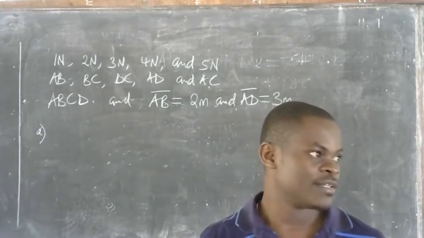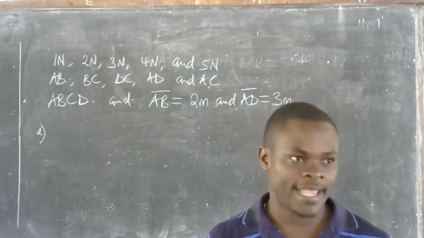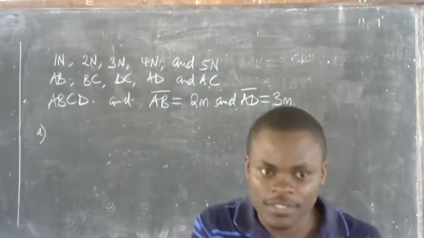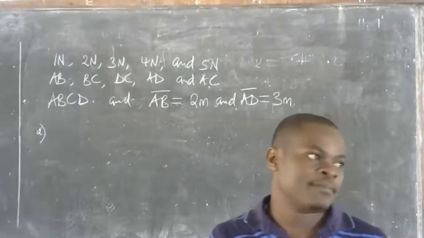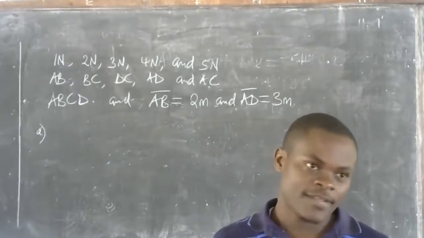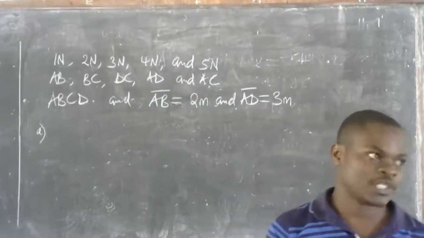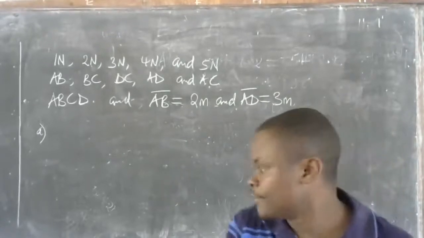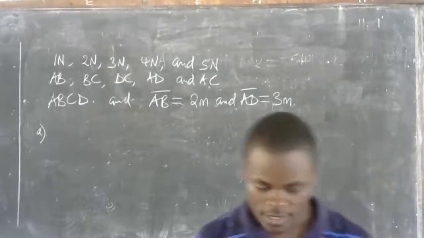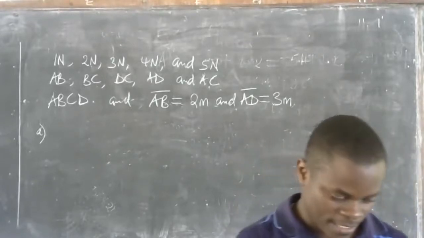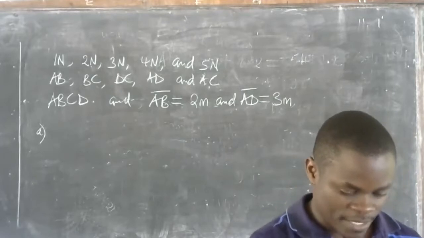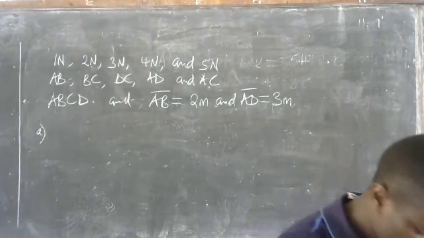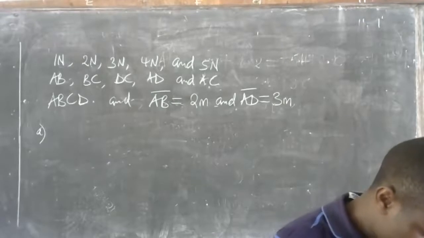Part A says find the magnitude and the direction of the resultant force. And then part B, determine where the line of action of the resultant force cuts side AB.